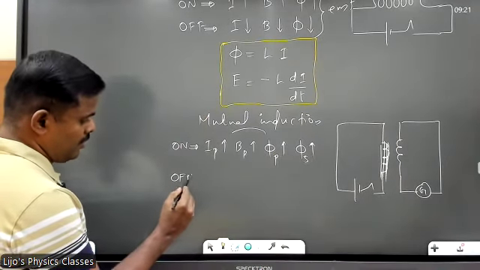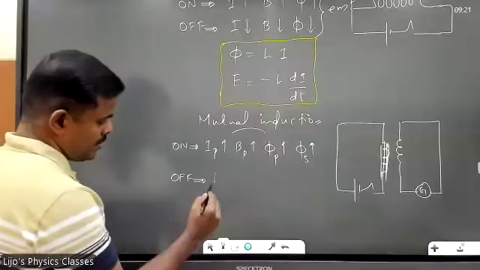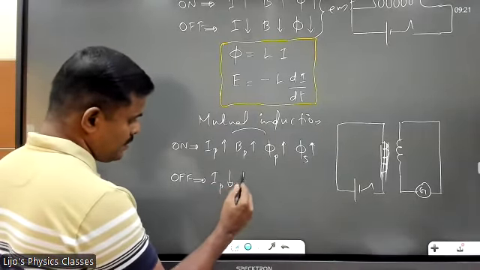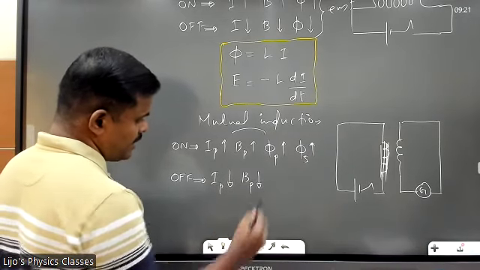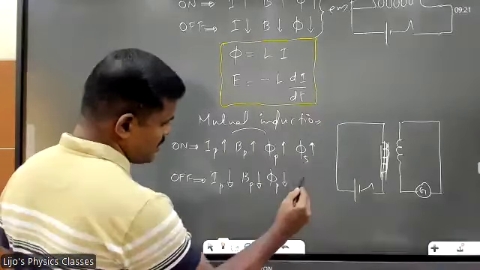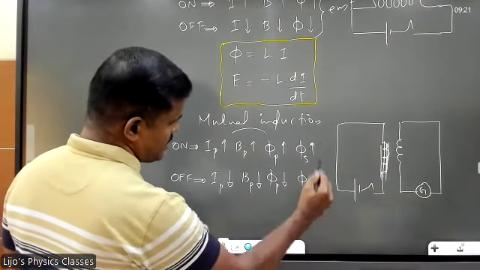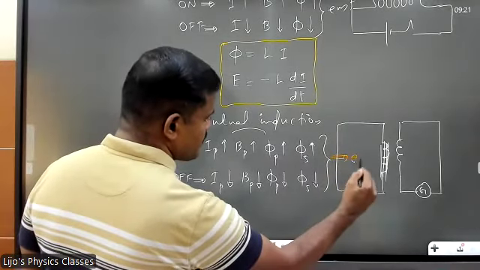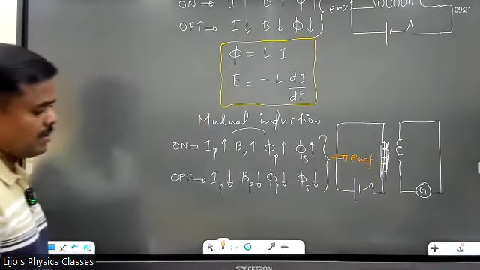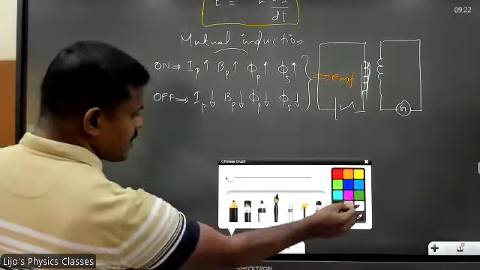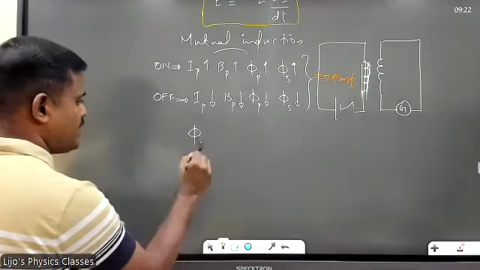Now switching it off, primary current decreases. Primary field decreases. Primary flux decreases. Secondary flux decreases. Either way, there will be an EMF. This phenomenon is called mutual induction. And let us write the equations here.